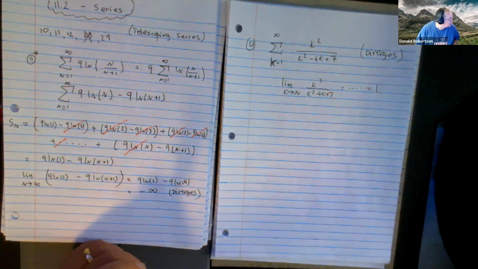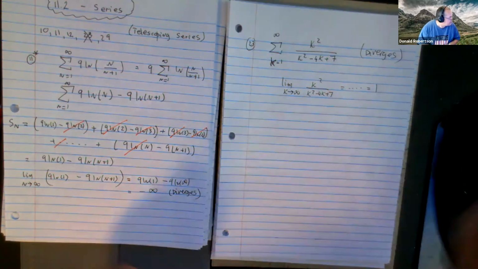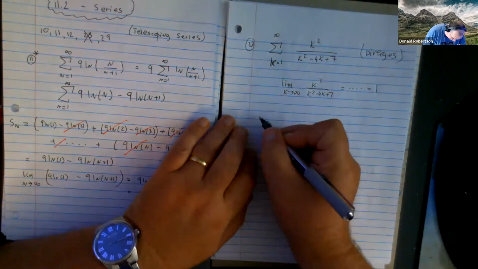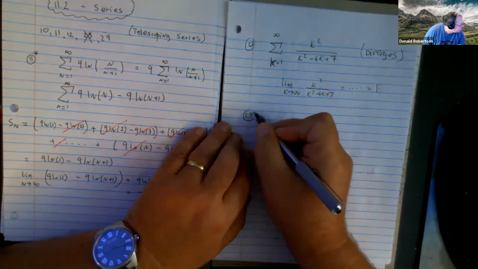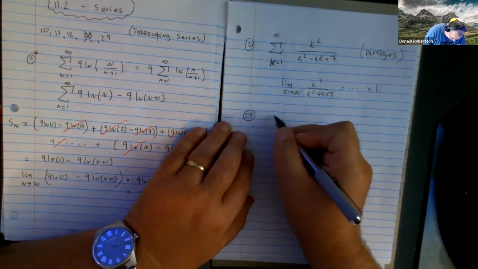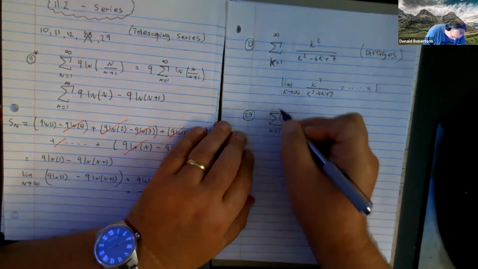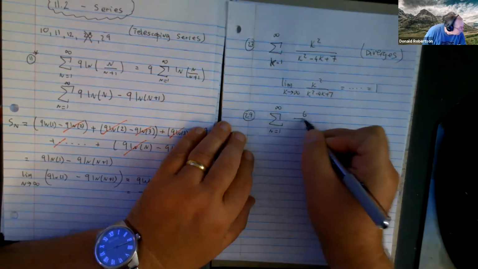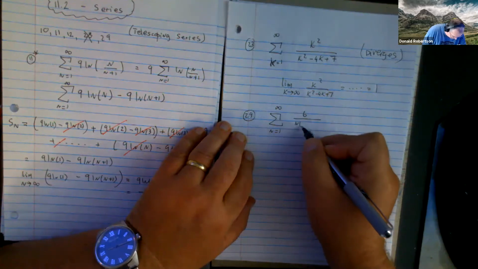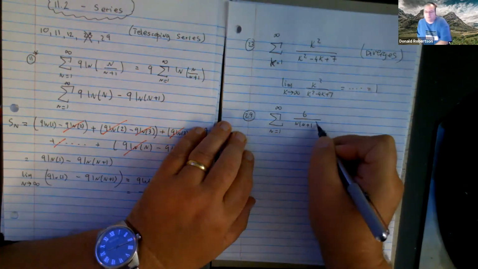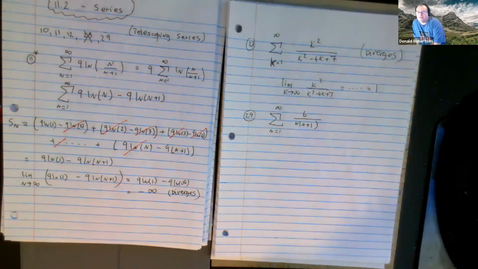So it looks like we're running short of telescoping series to deal with. And here's one, or at least part of one. Now that doesn't even vaguely look like some fraction take away some other fraction, you agree?